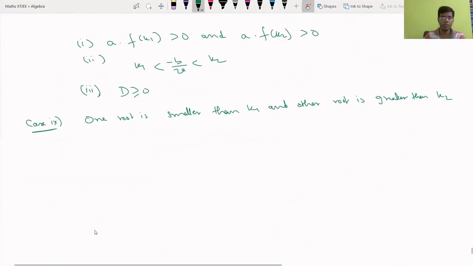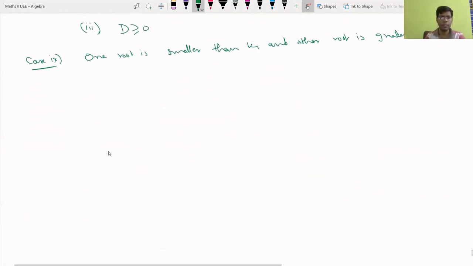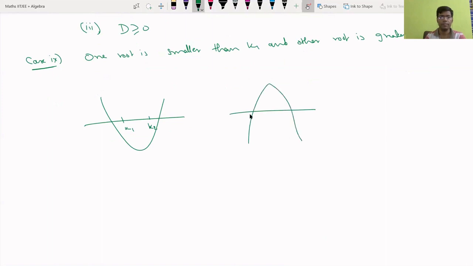So in this case, how will it look? This is my K1. One root is smaller than K1, the other root is greater than K2, or it will be like this. So basically my K1, K2 will be in between the roots.